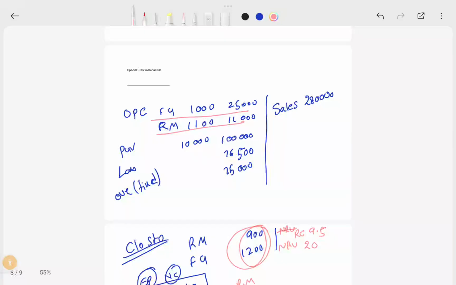Now we need to calculate what is the NRV and what is the cost for these five items. So first we need to take the cost of production and materials, everything. I hope you understand the question. I will explain the answer clearly.